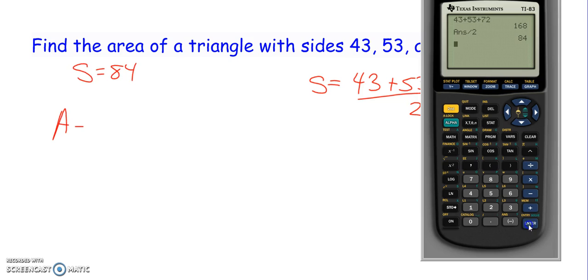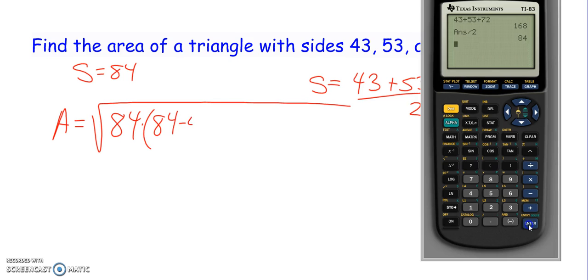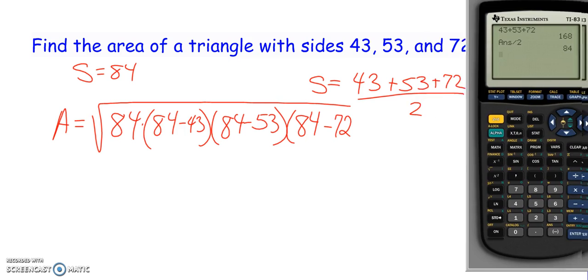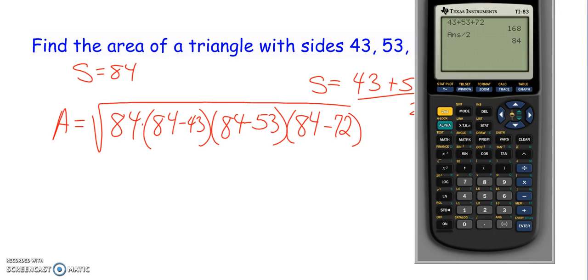To get the area, it is going to be the square root of 84 times, I would need to do 84 minus 43, 84 minus 53, and 84 minus 72. So I'm still sticking with this calculation. That's going to be 84 times, we can do the subtraction in our head, 41 times 31 times 12, and then we take the square root.